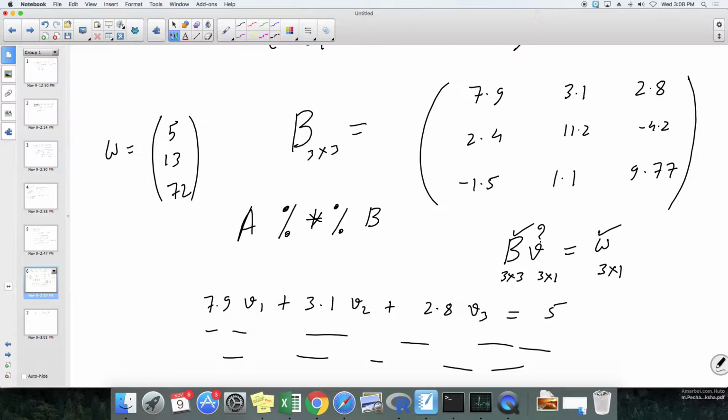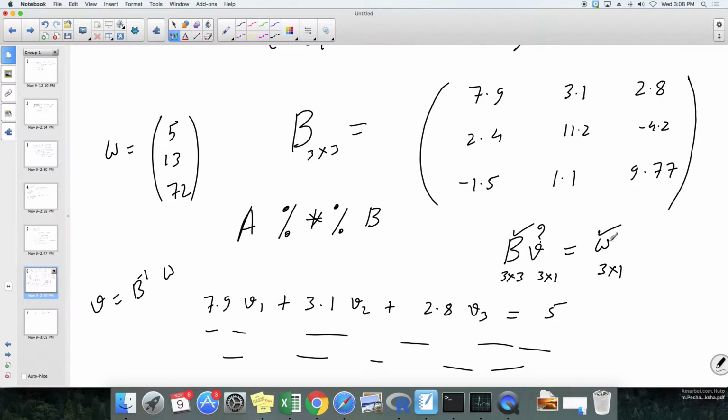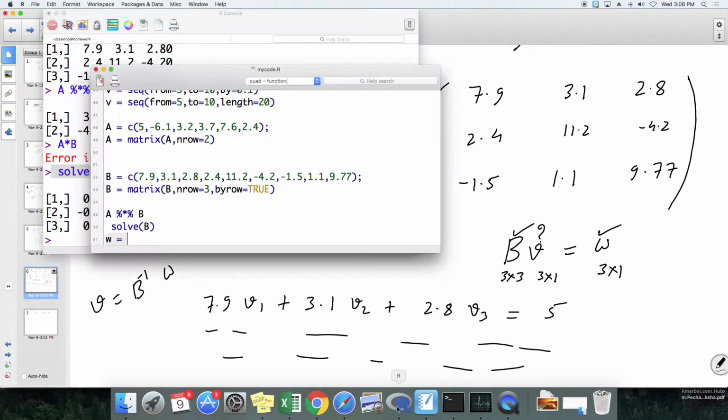So how to do it? Obviously, you are thinking that the answer is V equals B inverse W. So let me enter W first. So W equals 5, 13, 72. That does the job.